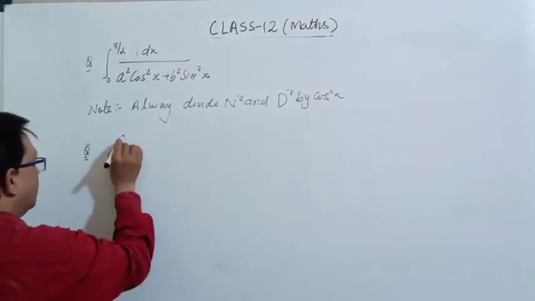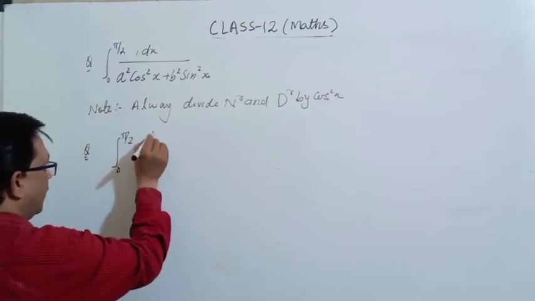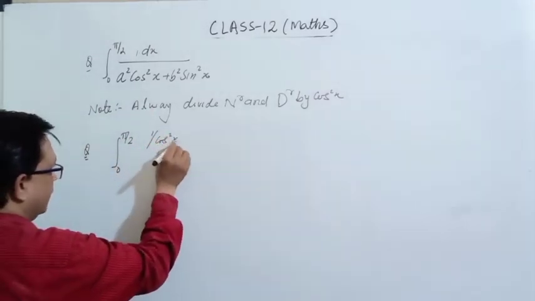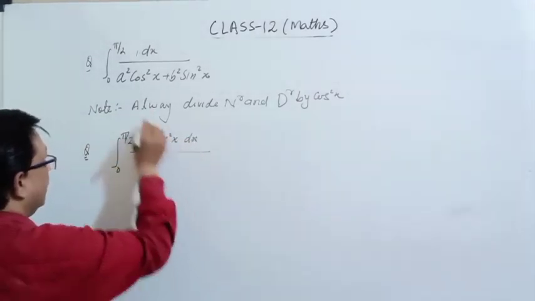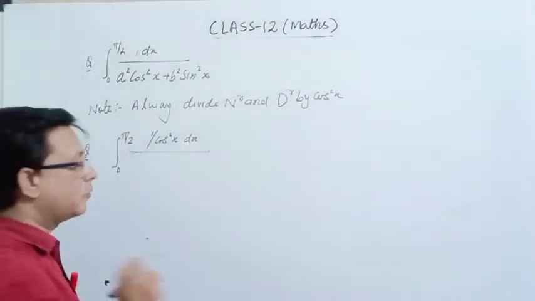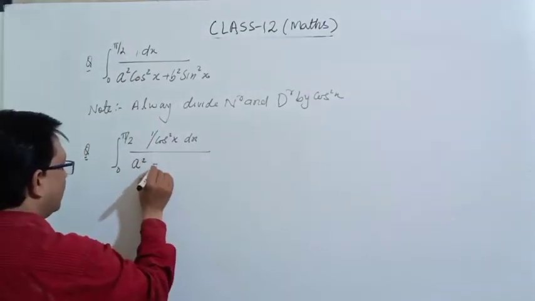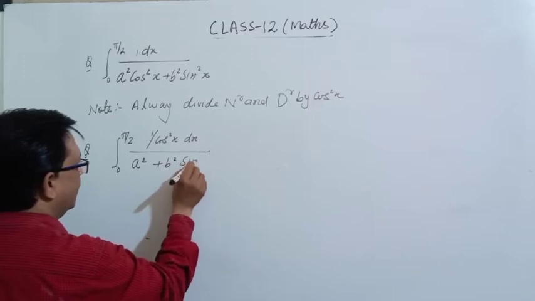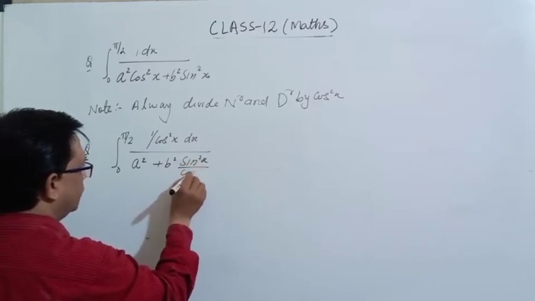This is 0 to pi by 2. Here we divide by cos square x, so 1 upon cos square x dx. After dividing, cos square x cancels out in the first term, giving a square plus b square sin square x upon cos square x.